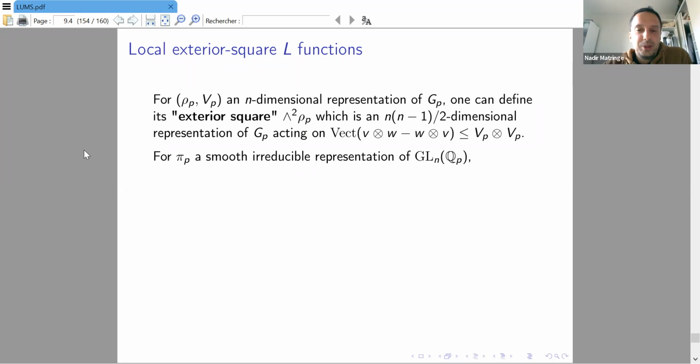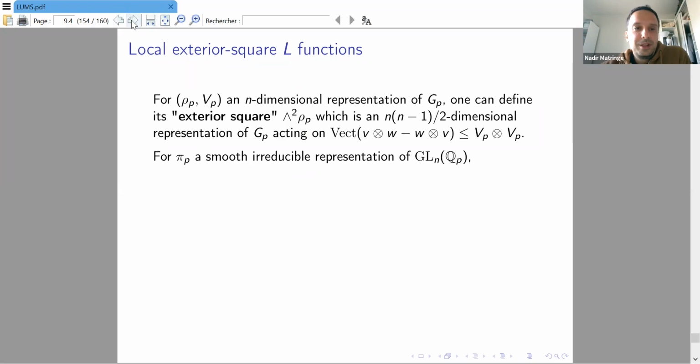Now, because I will use the local Langlands correspondence, you remember that to rho_p, the LLC of rho_p will be a smooth irreducible representation of GL_n(Q_p).